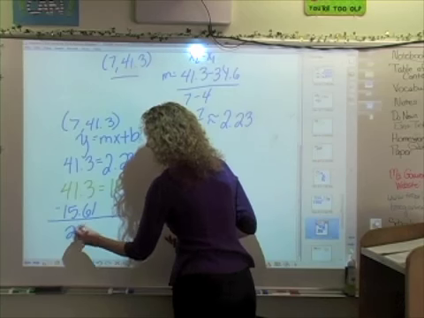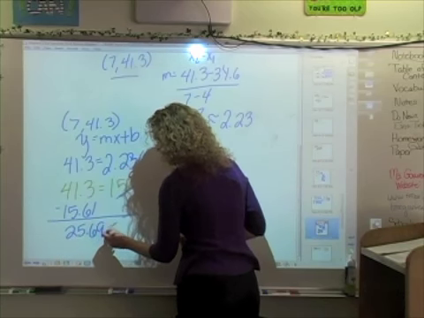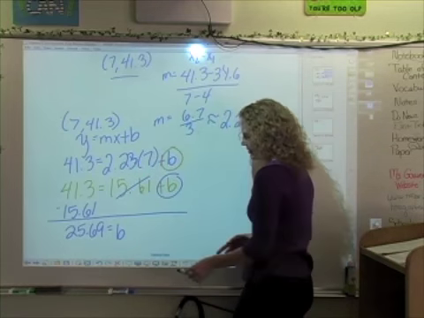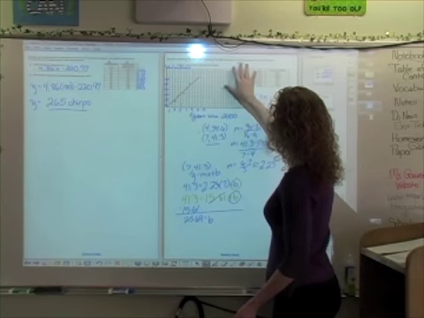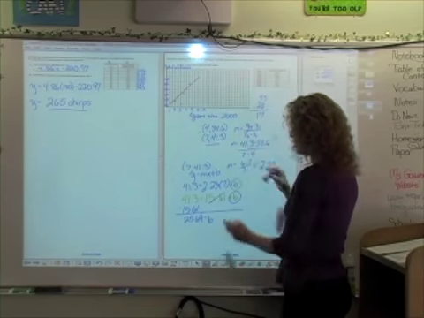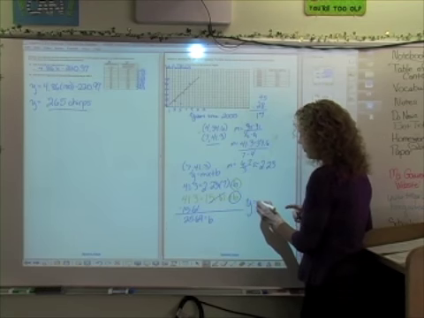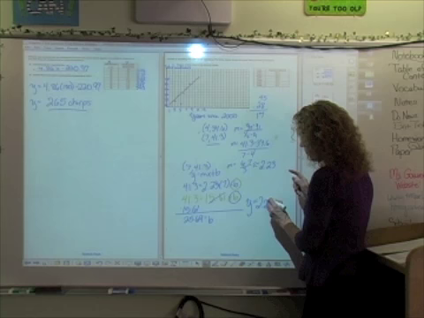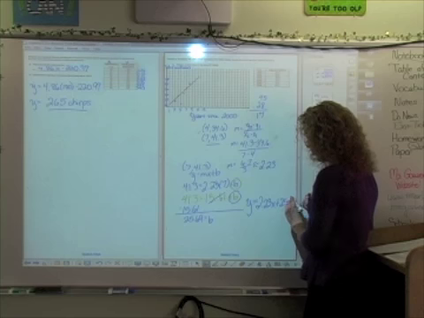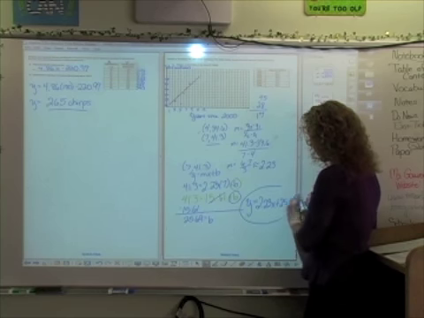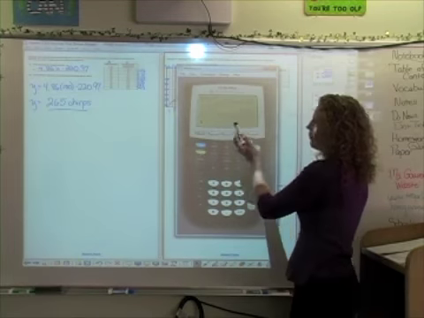So roughly, my b value should be 25.69. So they want to make the scatter plot, and if we actually chose an equation, we could write y equals 2.23x plus 25.69. Now, again, we can use stat plot to try to come up with this.